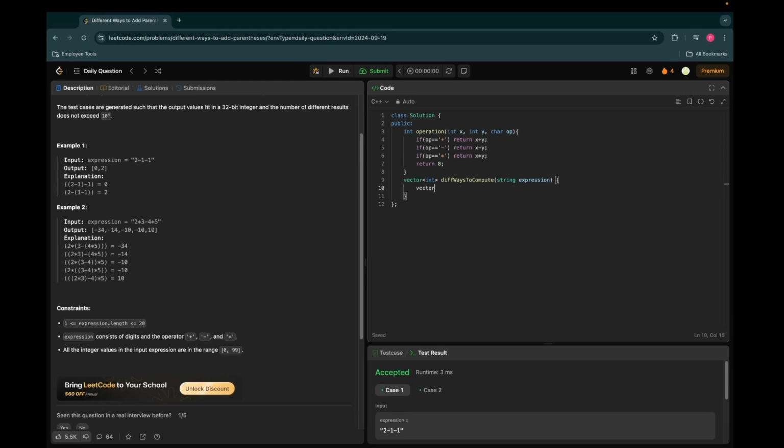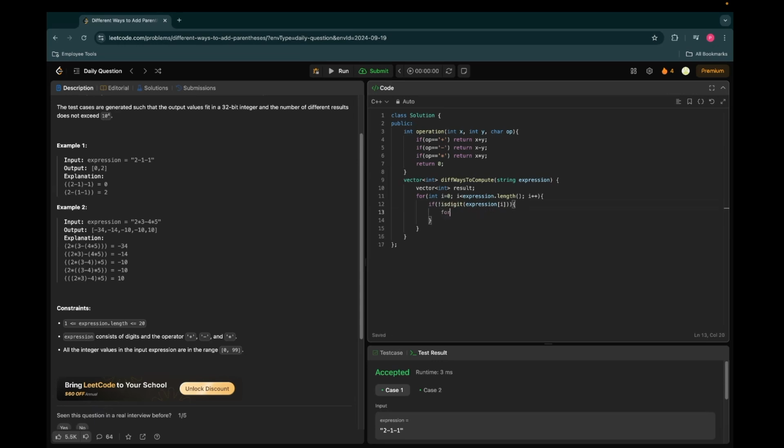Okay, now in this function let's first declare our result vector, and then we will start iterating our expression, up to expression dot length. If expression of i is an operator, so in C++ we have an inbuilt function isdigit of expression of i, and if it is not a digit, it means it is an operator.